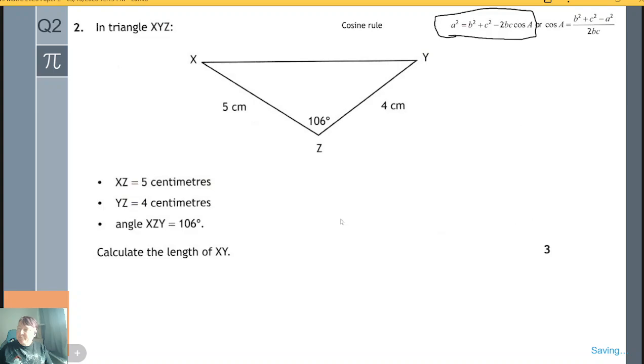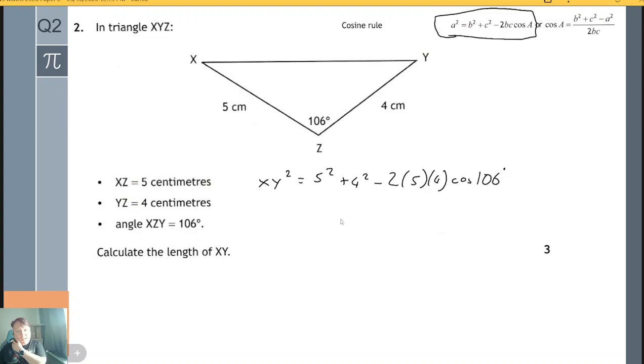So we want to find XY squared, that top line, and that is going to be 5 squared plus 4 squared minus 2 times 5 times 4, and cos of our angle 106 degrees.